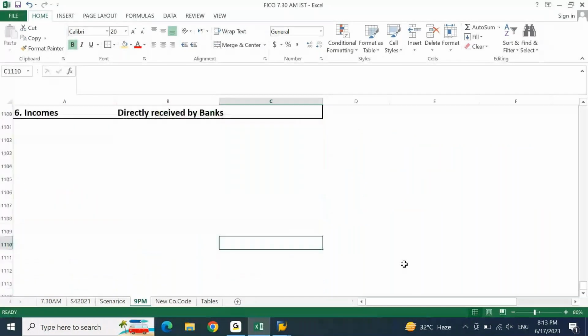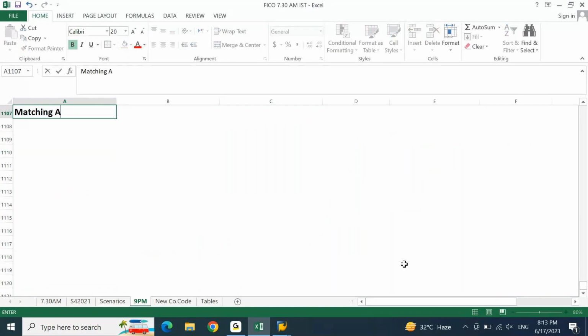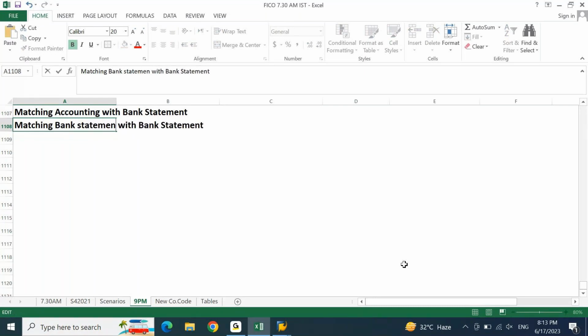Let me put that statement here. Point number 1: matching accounting with bank statement. Point number 2: matching bank statement with accounting.